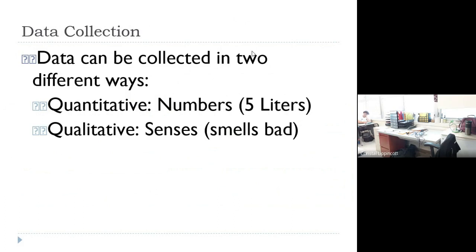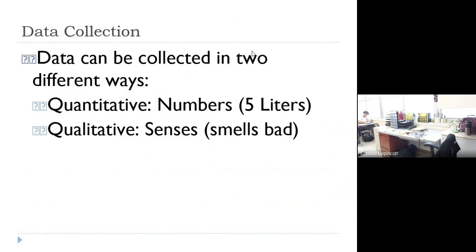What's the root word of quantitative? What word do you kind of see there that you're familiar with? Quantity. What does a quantity mean? How much of something? Right. So a number. That's how you can remember the difference between these two: the root word is quantity, and that means numbers. So you're going to express your data in some number form.